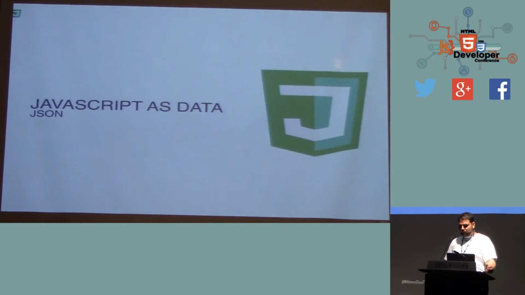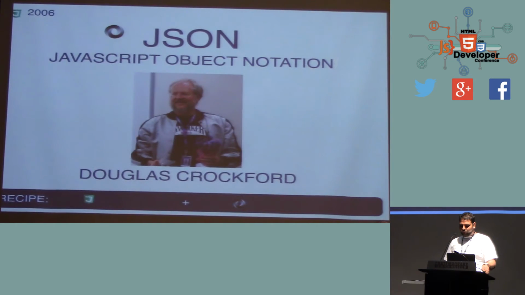Now JavaScript as data. In 2006, Douglas Crockford came up with the JSON format. Before that, we talked about XHR, and the format they were using to exchange data from server to client side was an XML format, right? But with JSON, they minified that code, and it was readable not just to the machine but also to the developer.